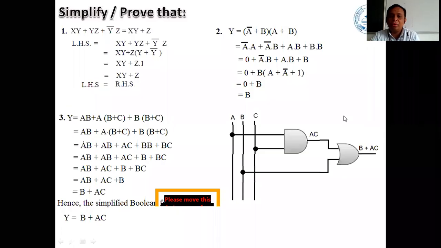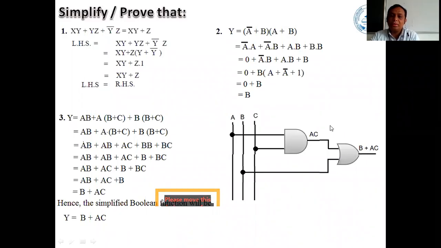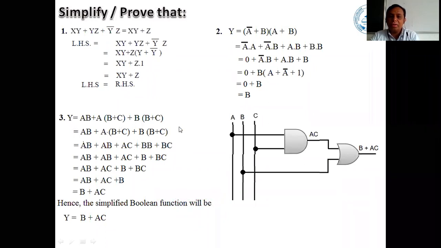This is a small example of how to simplify a given expression with the help of Boolean laws, and how to construct the circuit with basic gates. In this discussion, we took one small example and saw how we can use the Boolean postulates to simplify the expression and construct the circuit.